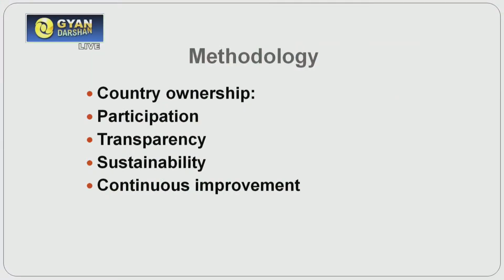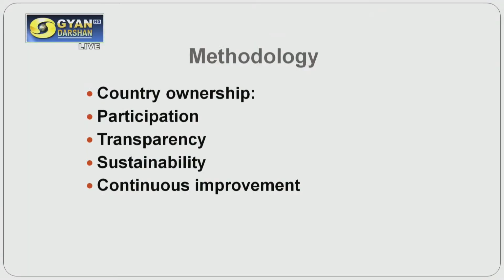And third important methodology is transparency. That is very important. Before preparing the budget, it is important for the government to collect gender disaggregated data that needs to be published, and they need to analyze the status of different sections of the population in the society. Accordingly, they have to prepare the budget. Sustainability is very, very important.